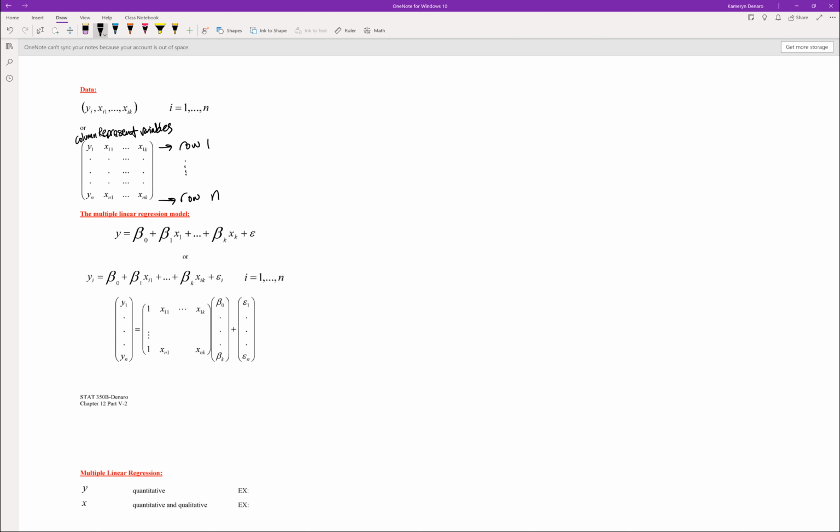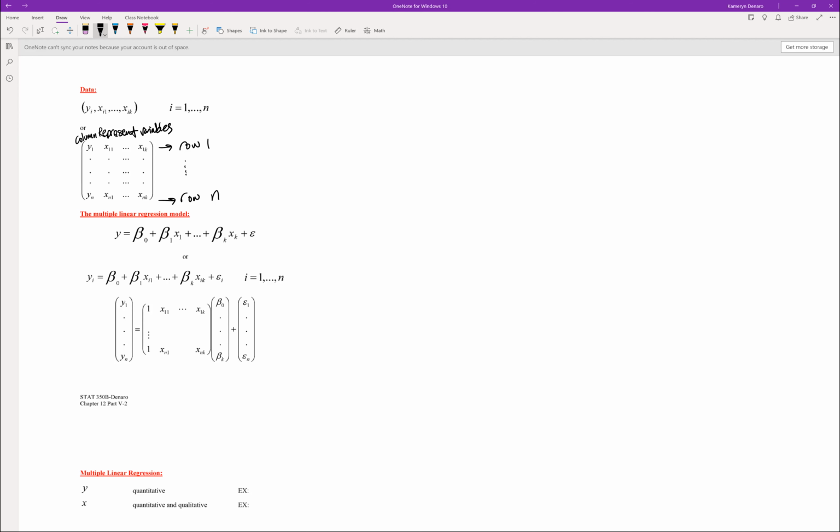The multiple regression model can be written in general form as y equals beta 0 plus beta 1 x1 all the way down to beta k xk plus epsilon. But we could also write this model per person. So we could say yi equals beta 0 plus beta 1 xi1 plus ... beta k xik plus epsilon i. So every single person becomes a row.